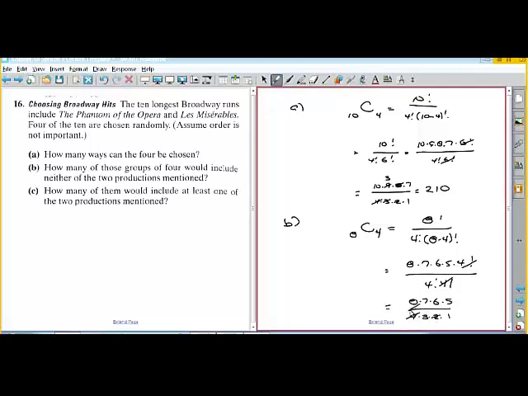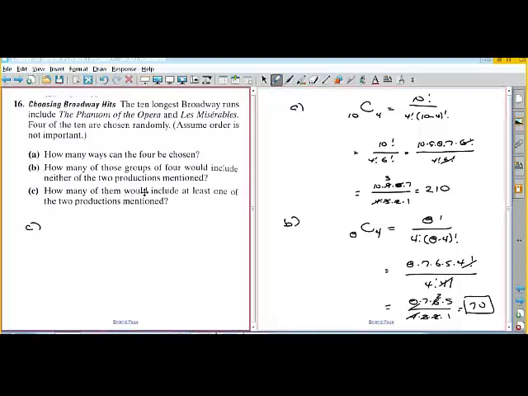So we have 4 times 3 times 2 times 1. Again, 4 times 2 is 8, so I can cancel those out. 6 divided by 3 is 2, so I get 70. So there are 70 for part B.